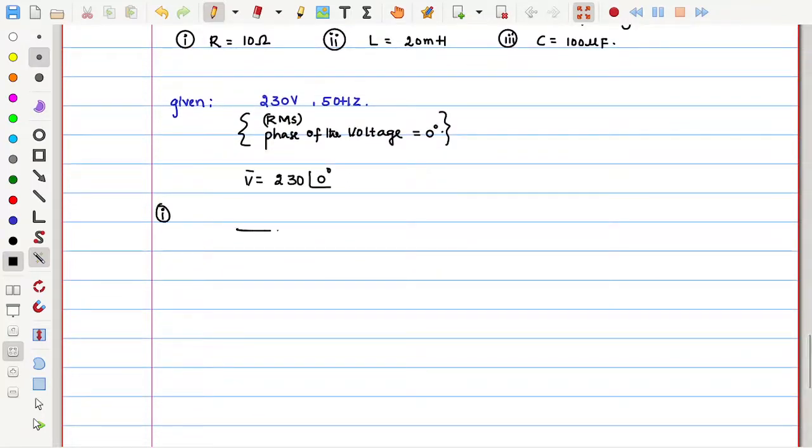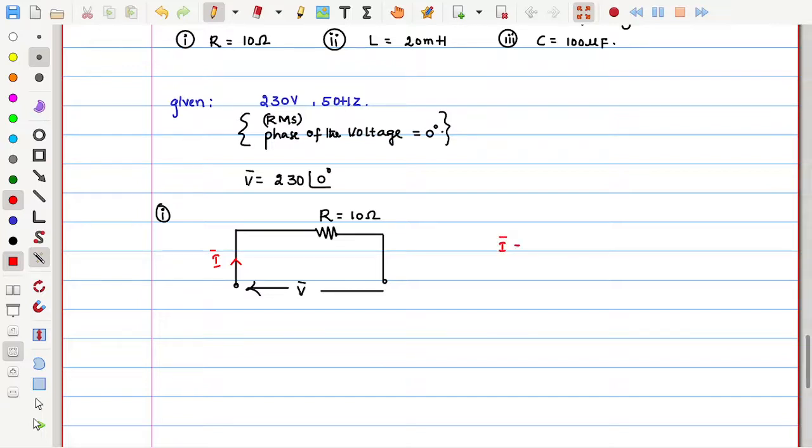Now case 1, if it is a resistor. What will we do? See how much the resistance is: 10 ohm. How much is the voltage? V bar. How much is the current? That we need to determine. Now can you tell me how much the current is for this problem?